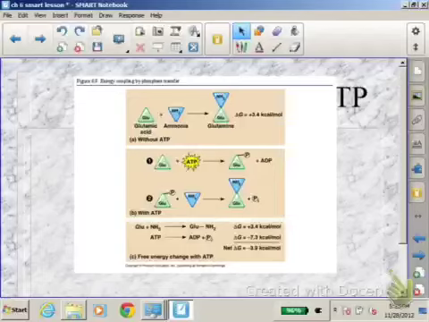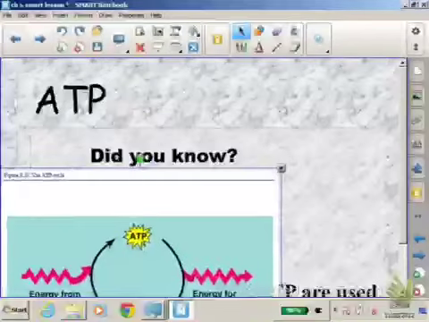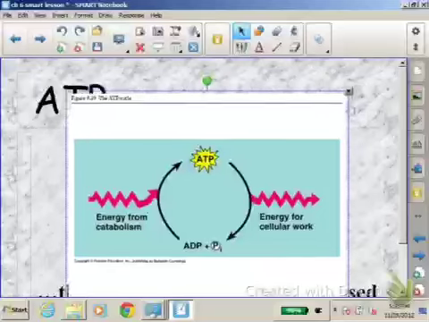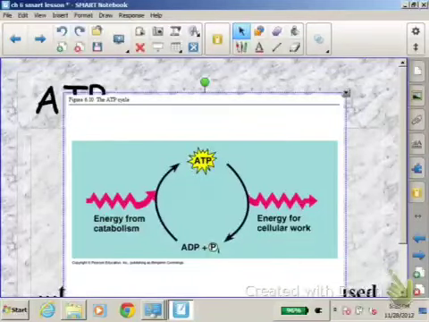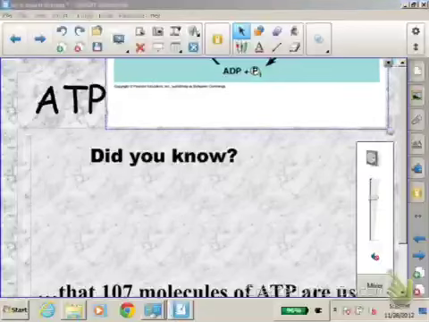But if you add ATP, look what you get there. Okay, and here's this process again. If we take ATP and turn it into ADP, then it actually creates energy.